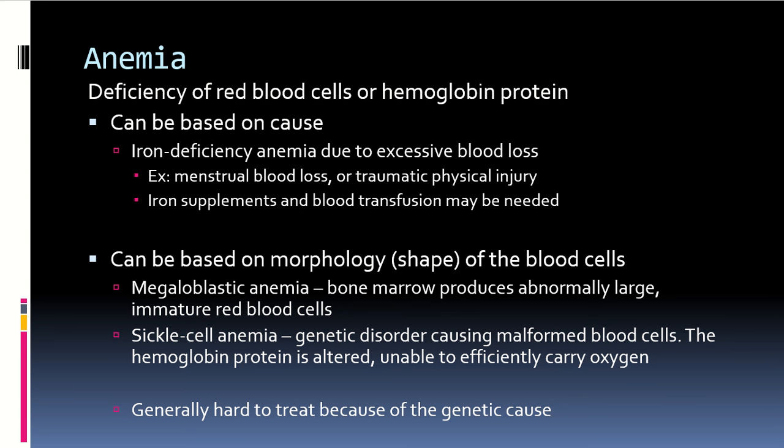And one cause could be iron deficiency. A key metal in hemoglobin is iron. This is the actual point where oxygen binds or carbon dioxide binds. If your body does not have an appropriate amount of iron, if it's deficient in iron, well, then iron deficiency anemia can set in due to excessive blood loss.